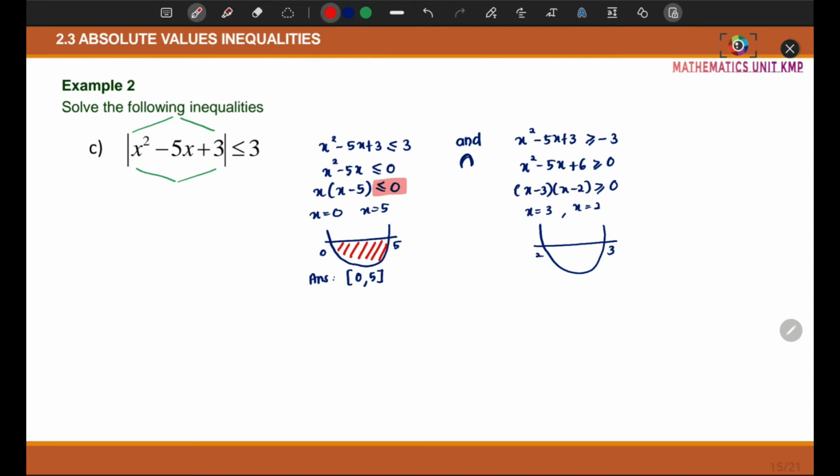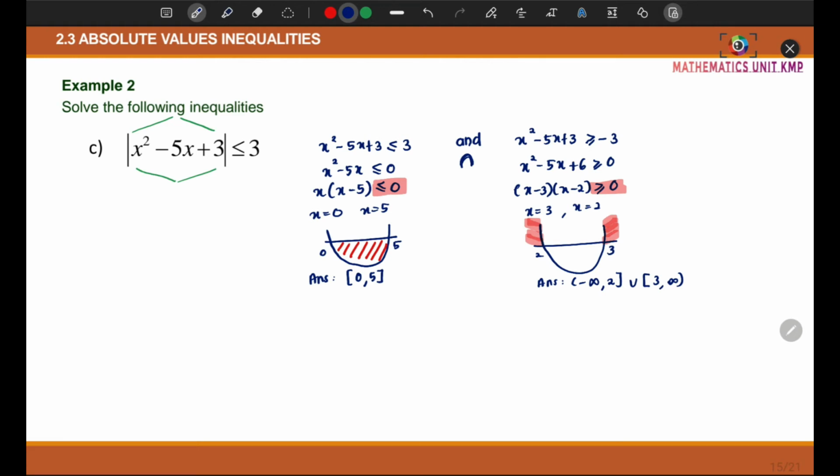Okay, look at the symbol. We want it to be greater than 0, which is the upper part of the axis. Okay, so the answer is from negative infinity to 2, close bracket, union 3 to infinity.